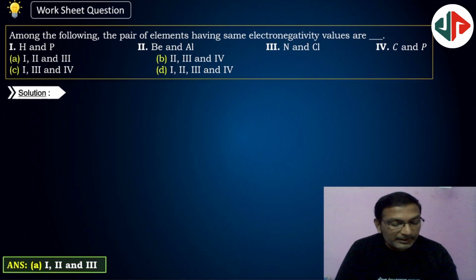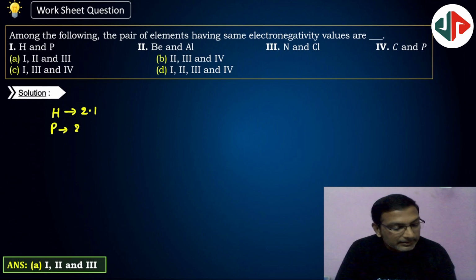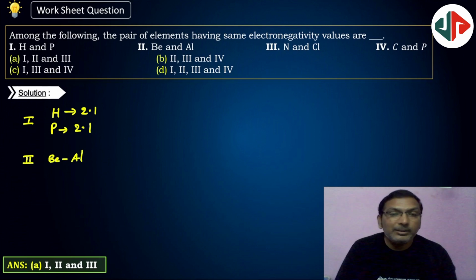Among the following pair of elements, having same electronegativity values are. So we know hydrogen 2.1, phosphorus also 2.1. That means option 1. Next, in 2, beryllium and aluminium diagonal pair.